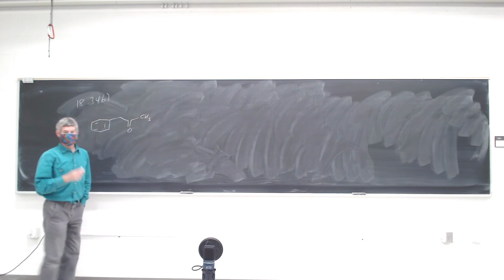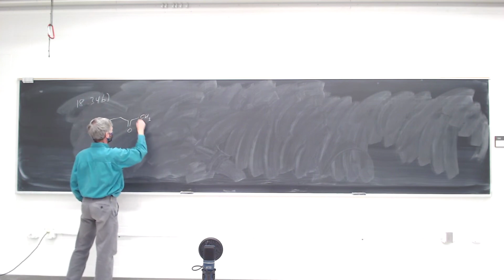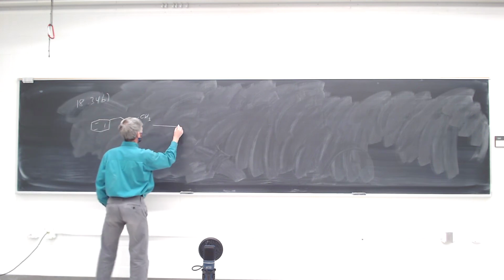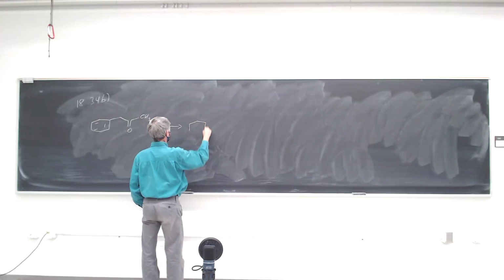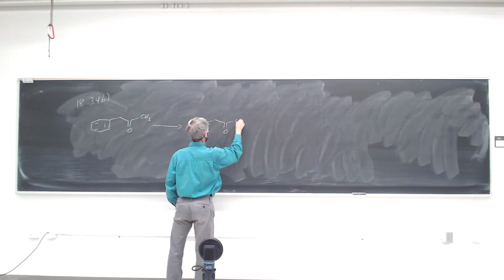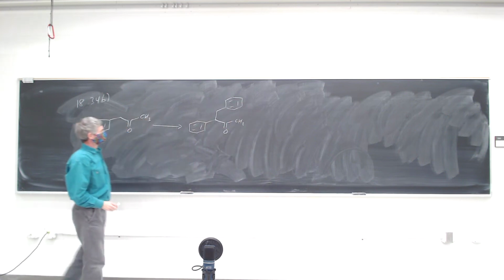I made one small change from problem 18, number 34B. I put a CH3 group here instead of a hydrogen, but other than that, it was identical. And the product we're trying to make has an additional benzyl group.